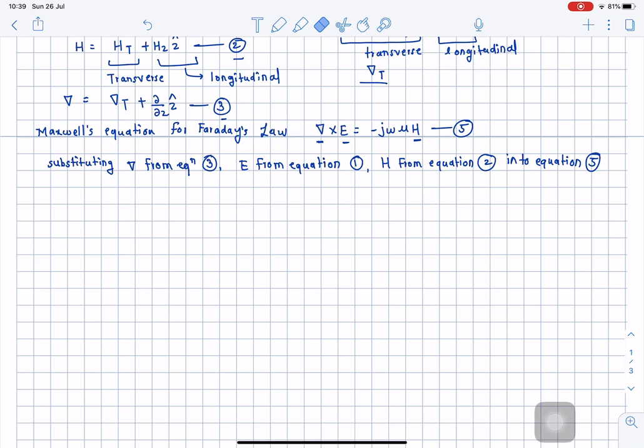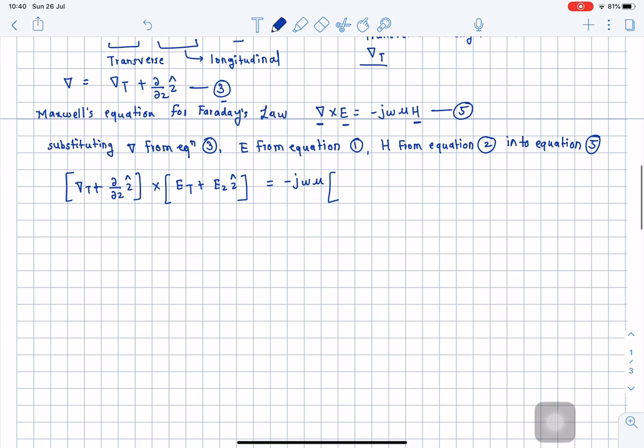When I substitute the del operator, what I will get is (del of t plus ∂/∂z of z cap) multiplied by del cross E. Now this E is from equation 1, Et plus Ez z cap, is equal to minus j omega mu, and you substitute this H from equation 2, so I will get Ht plus Hz z cap.